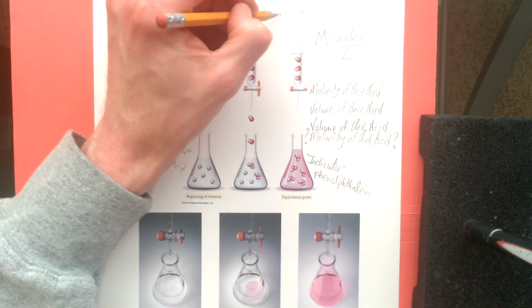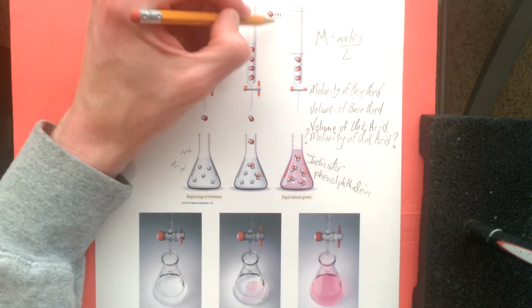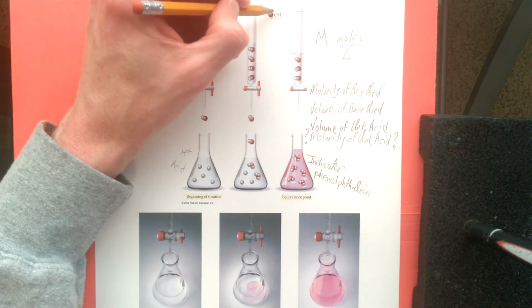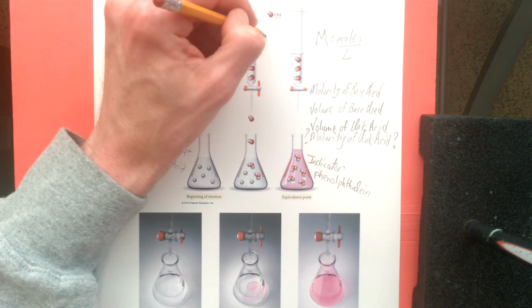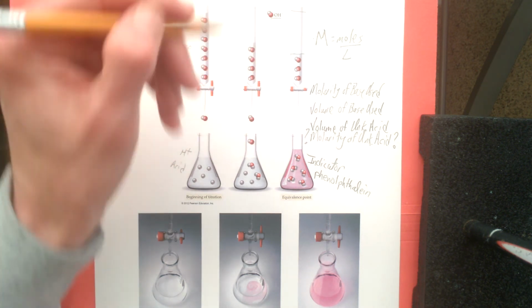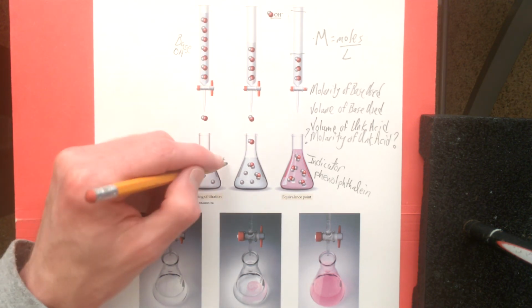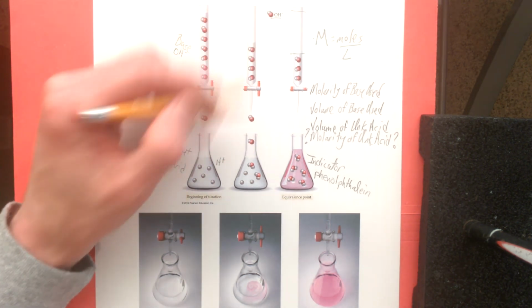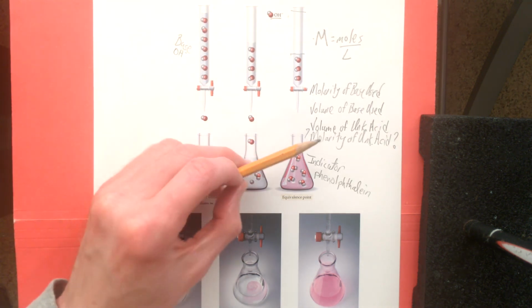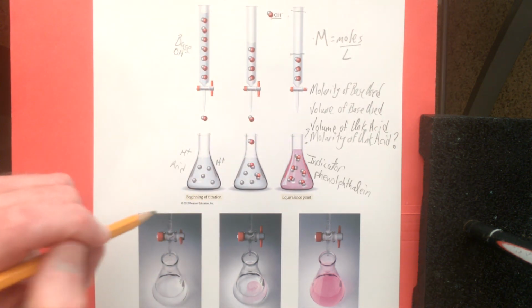That will tell us the moles of hydroxide ion that were neutralized, and we know that hydroxides react with H plus, the protons from the acid, in a 1-to-1 ratio. And we'll be able to figure out the molarity of the unknown acid.